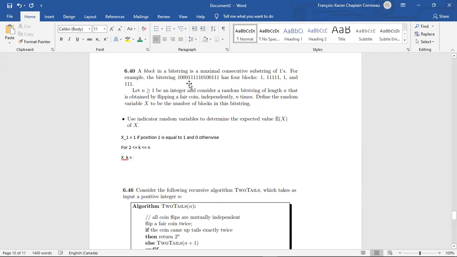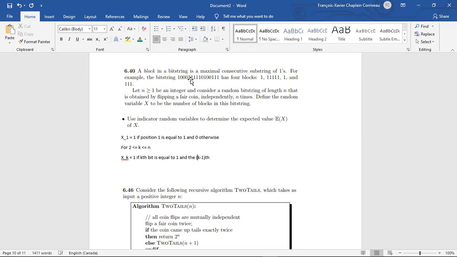So at position k, I have a new block if the kth bit is equal to 1 and the (k minus 1)th.